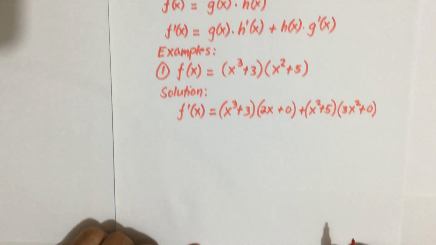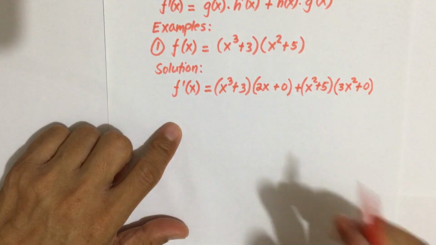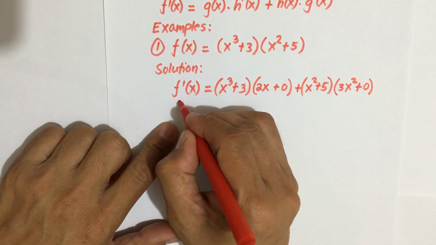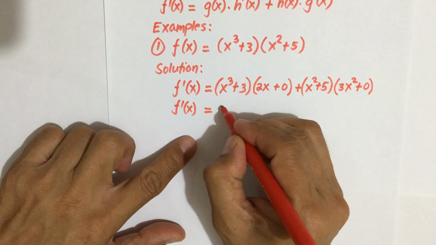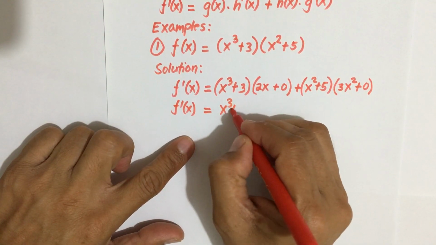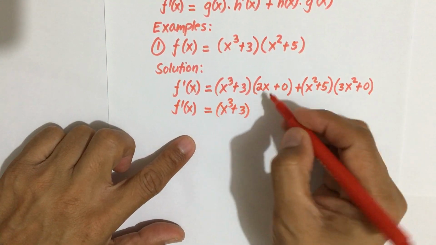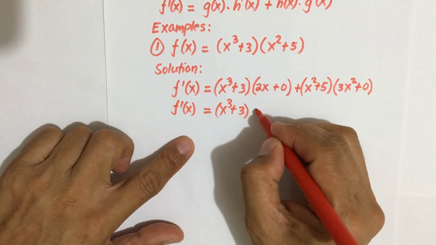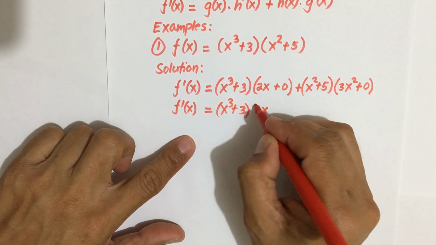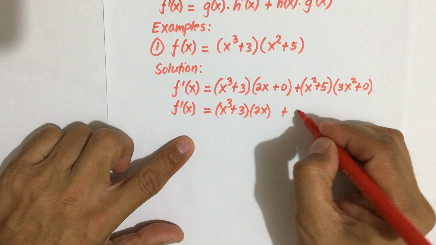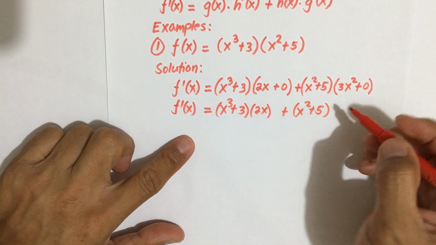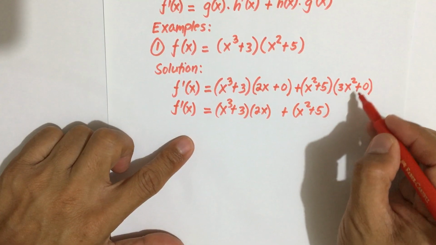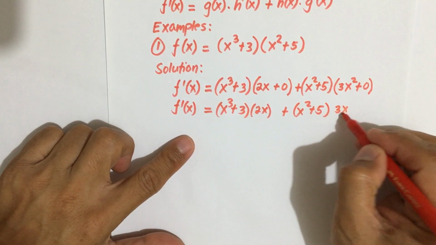Okay, now we can simplify this. So f prime of x equal to x cubed plus 3, then 2x plus 0, so that is 2x, then plus x squared plus 5, then multiplied by 3x squared plus 0, so this is 3x squared.